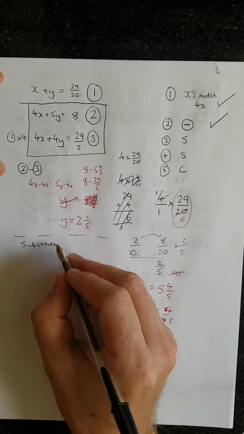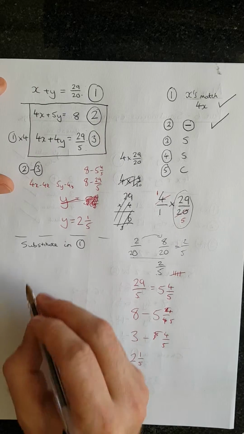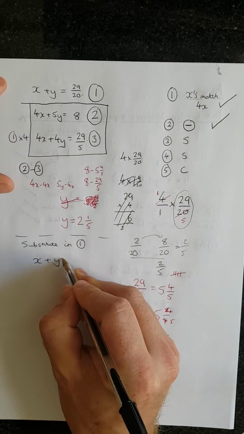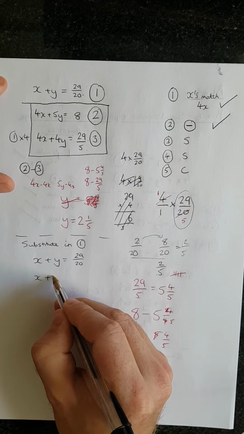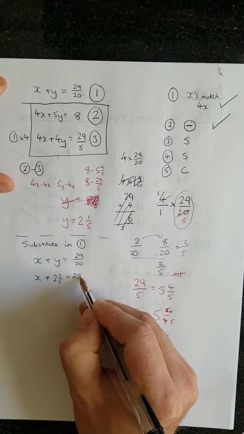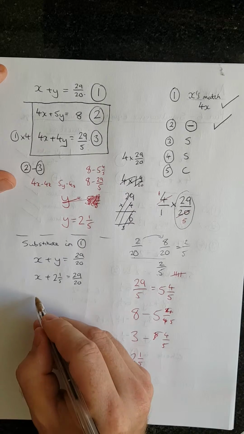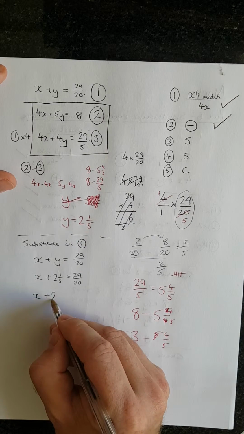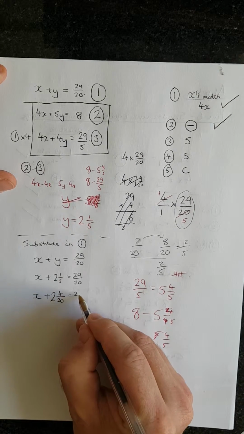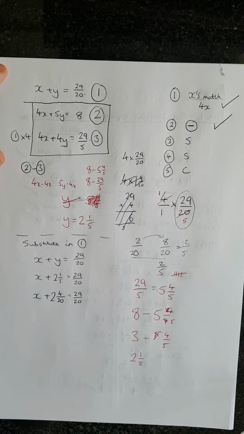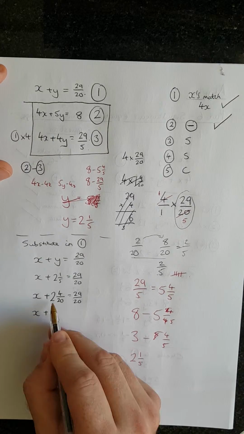Now, equation 1 looks the smallest, so I'm going to substitute in equation 1, even though it's got a fraction. So that's x plus y equals 29 over 20. So that's x plus 2 and 1/5 equals 29 over 20. I need to convert this now into 20ths. So that's multiplying both parts of the fraction by 4. I now need to convert it into an improper, so it's easy to do the subtraction here.